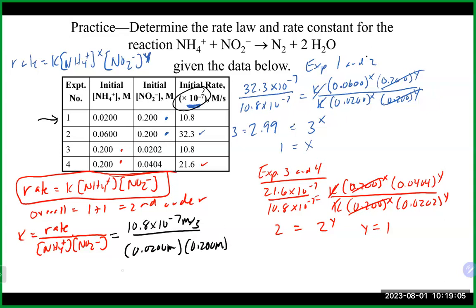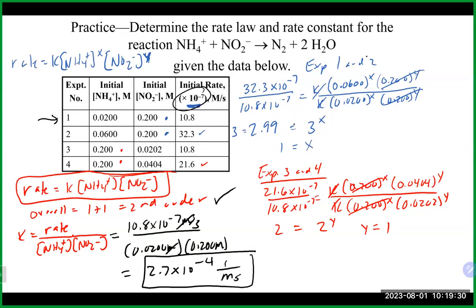That gives us about 2.7 times 10 to the minus 4. For units, molarity on top and bottom will cancel, and we'll be left with 1 over molar seconds, which once again is a typical unit that we see for the rate constant for a second order reaction.